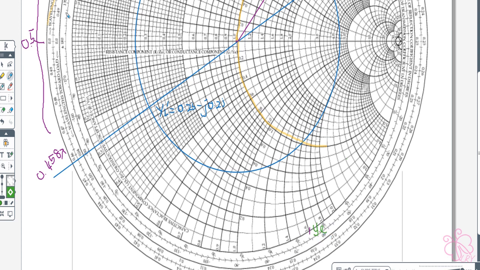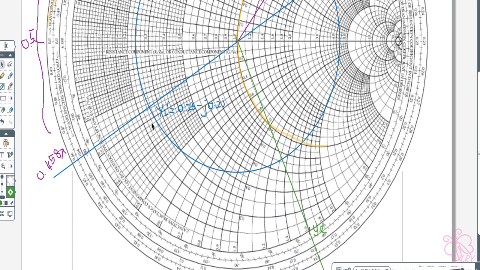Once you know the location of our YL, use our ruler, draw it from the center, bring it to our YL. Draw our line YD to YL.